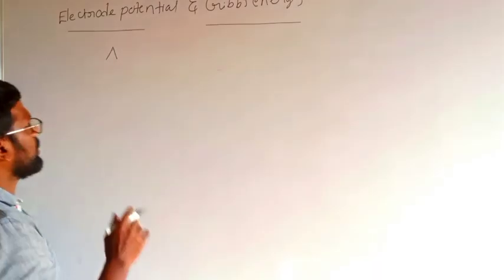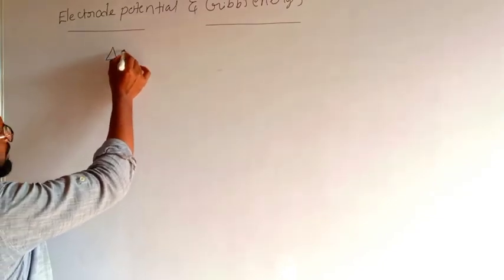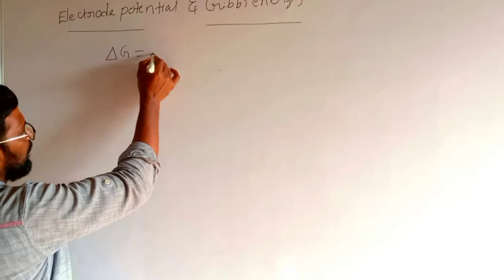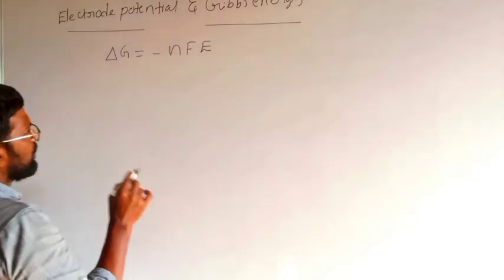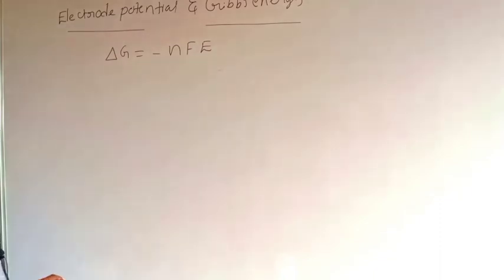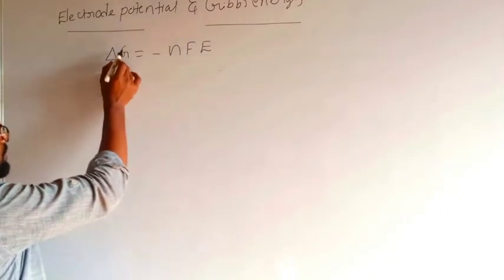So work done during an electrochemical process is given by delta G is equal to minus nFE. What is delta G?